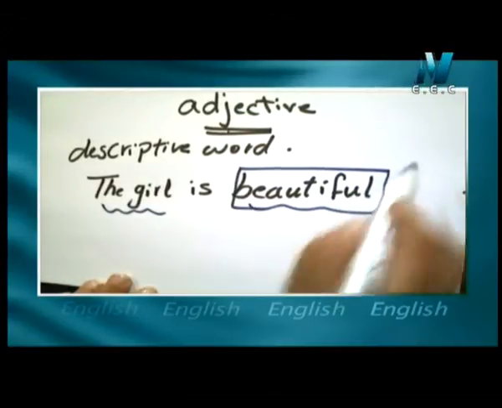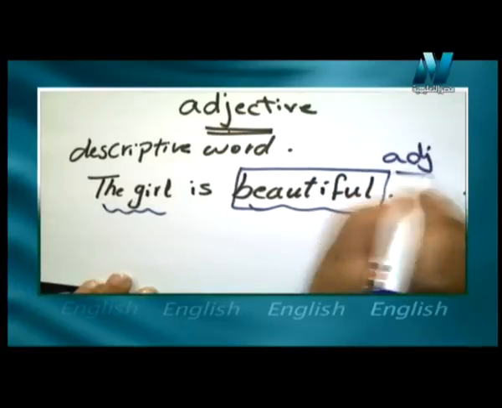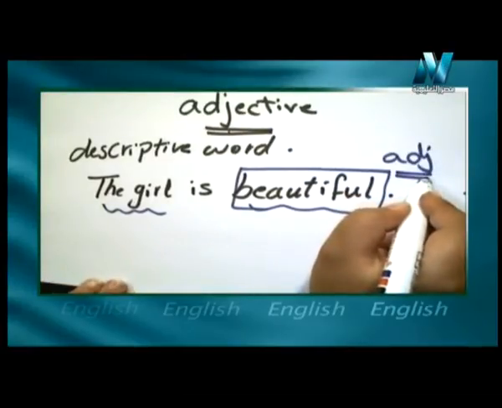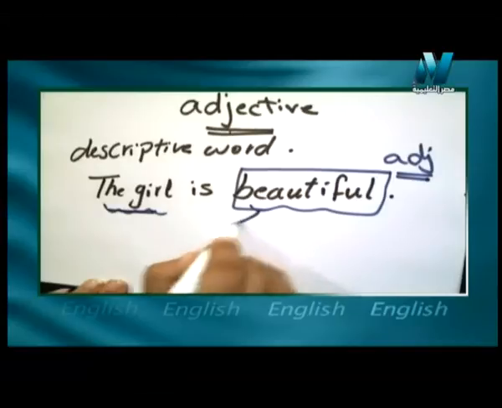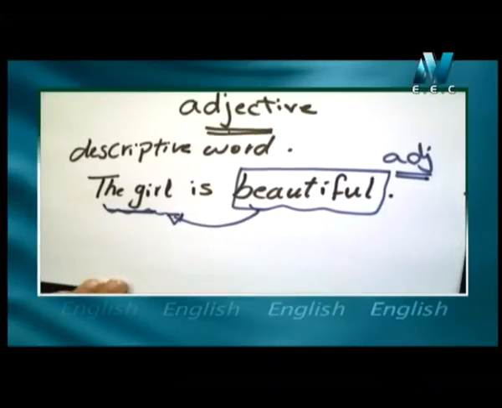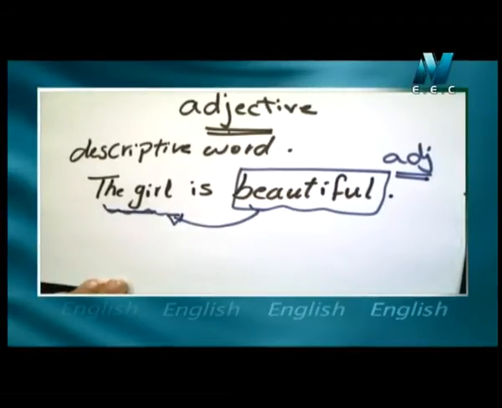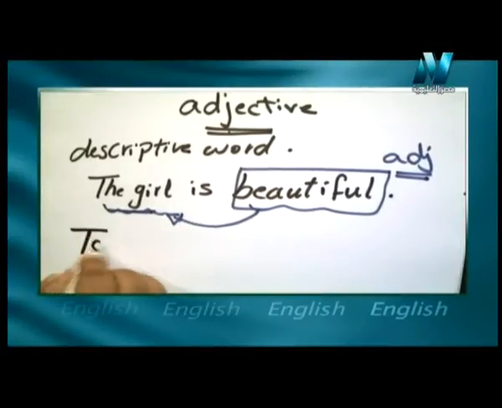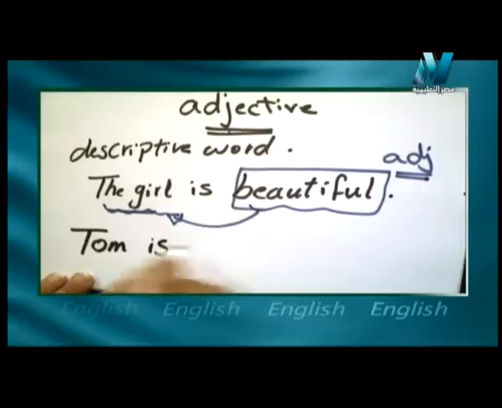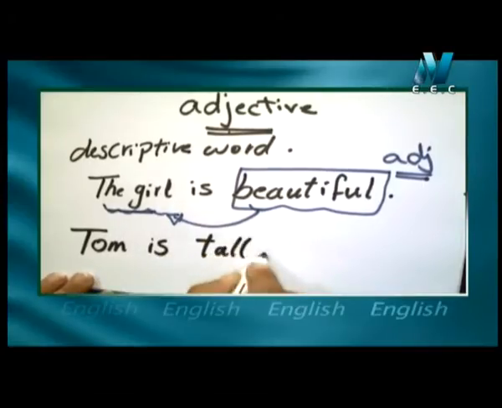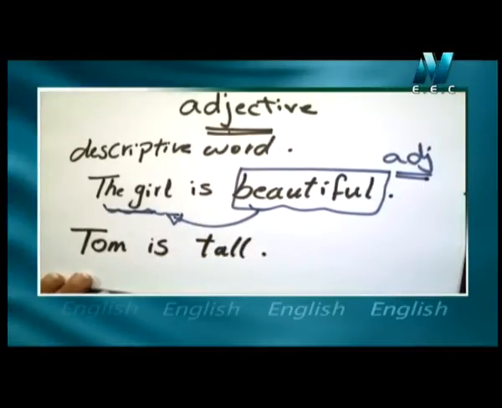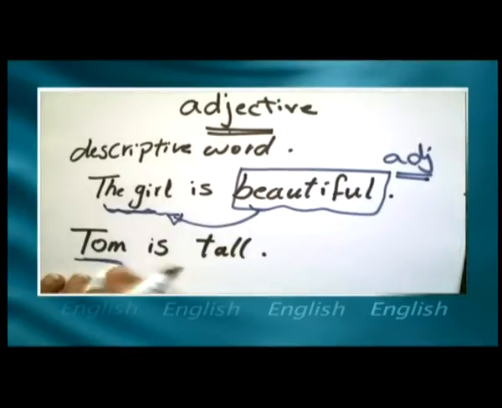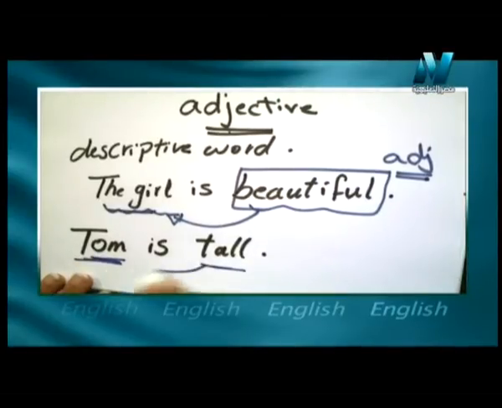Here is the adjective. The word beautiful. البنت جميلة. I'm describing بوصف البنت بإنها beautiful. جميلة. When I'm saying Tom is tall. Tom is tall. I'm describing Tom that he is tall. طويل.